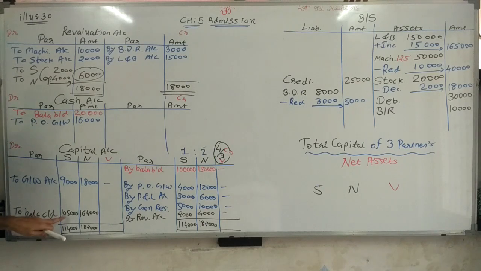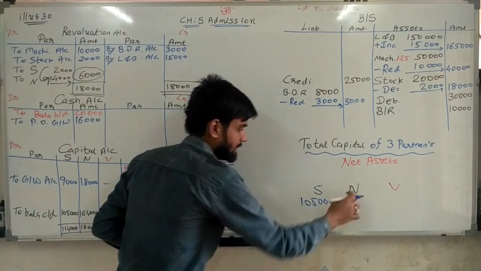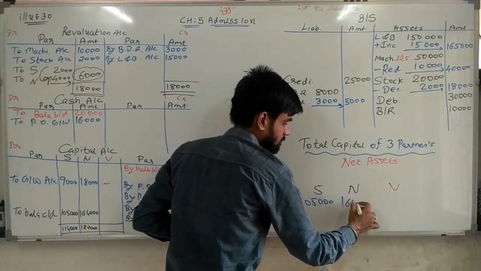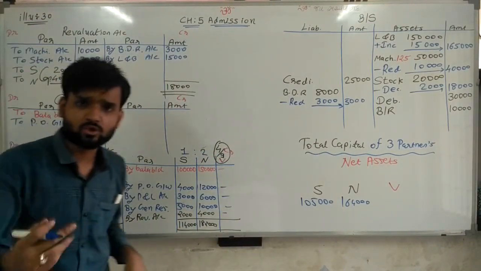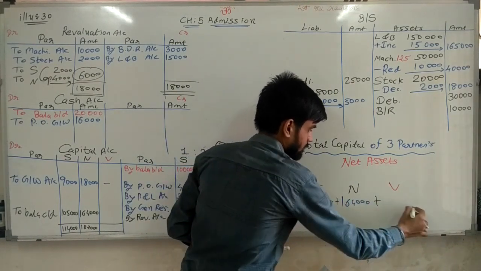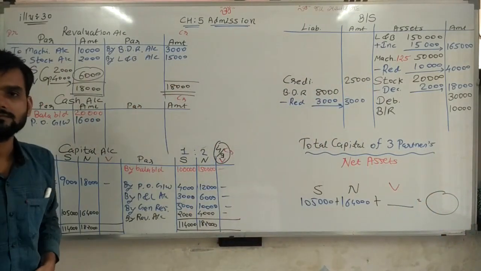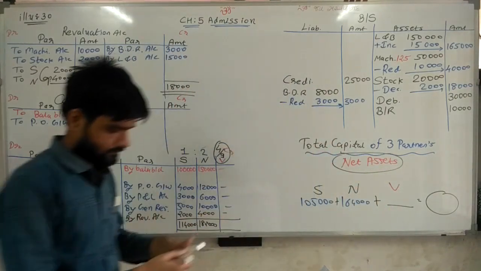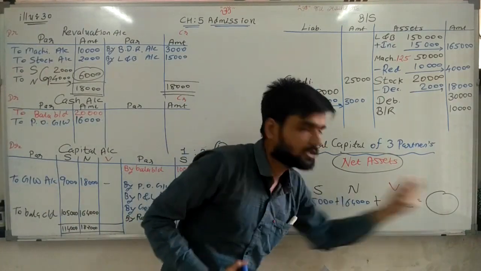See, 105,000 writing here, N 164,000. Sir, we don't know V's capital, that we need to find. So I cannot make the total. So I don't know net asset, because I cannot make the total.